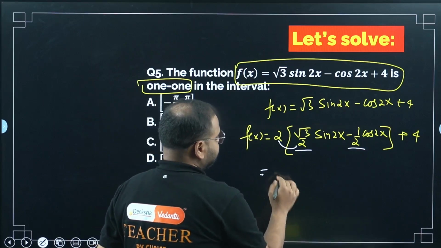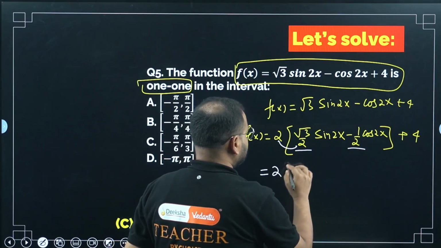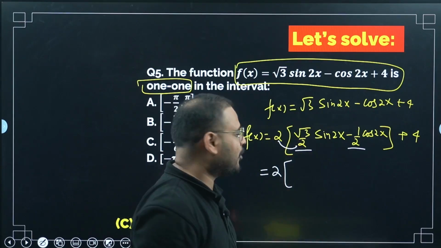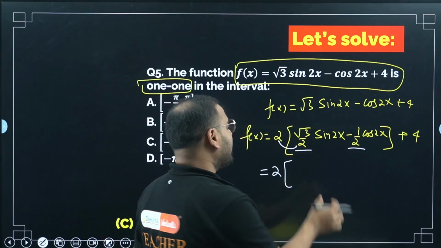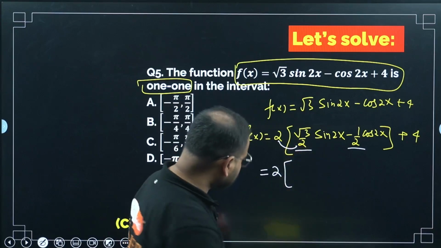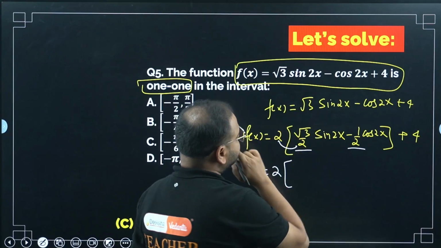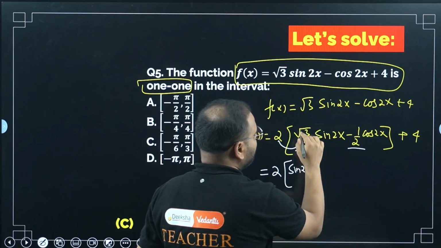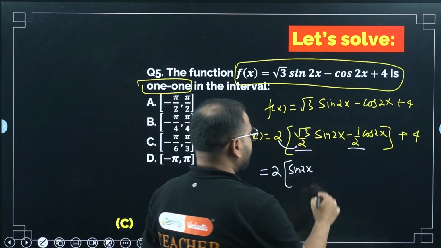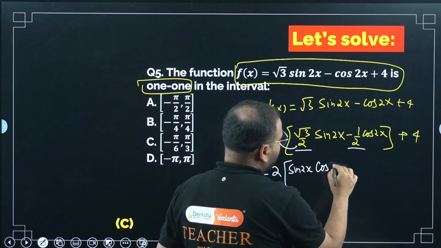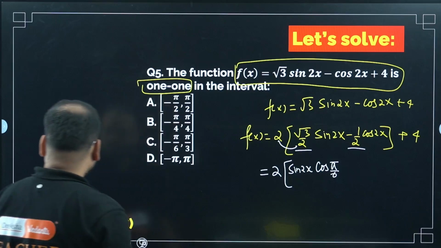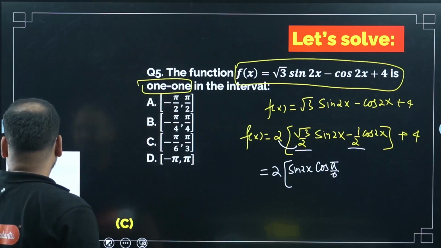I'll keep the 2 as it is. √3 by 2 can be written in terms of cos, and this is the sin A cos B formula. So sin 2x stays, and √3 by 2 is cos of pi by 6, right?